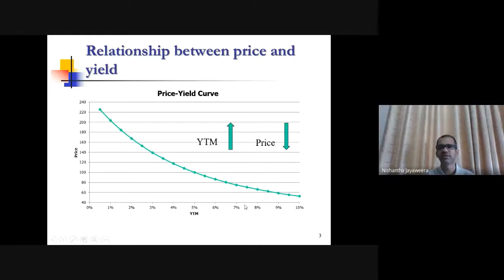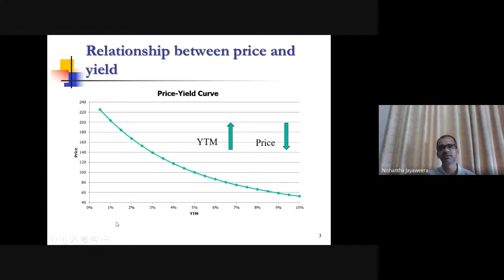But if you see 7% to 8%, at 7% the price is somewhere between 70 and 80, and at 8% it's just about 60 rupees. So from 7% to 8%, as yield increases, price decreases by less than 20 rupees. But from 1% to 2%, it was about 40 rupees.